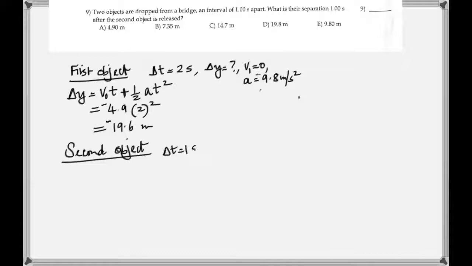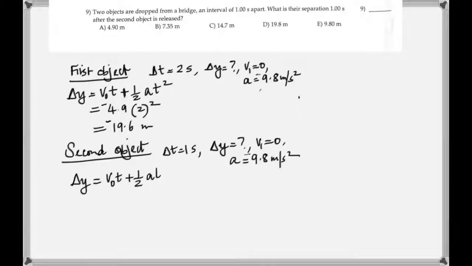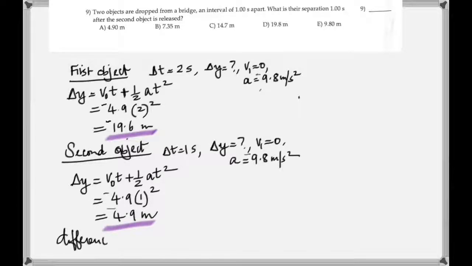For the second object, once again, using the same equation, you get negative 4.9 meters.